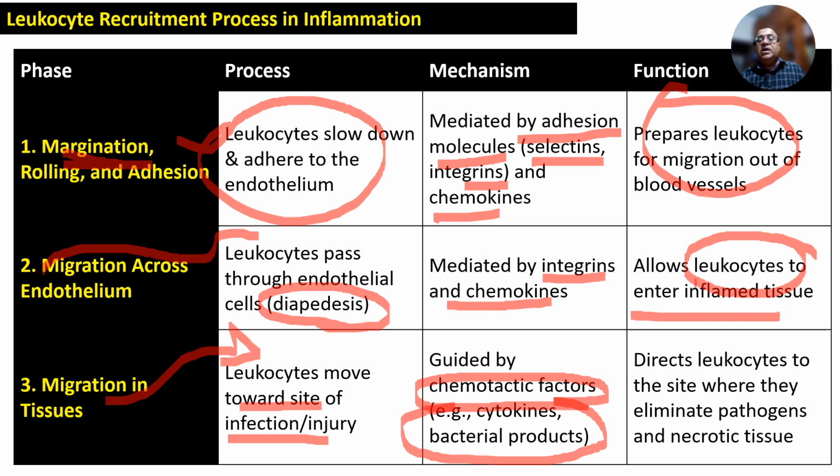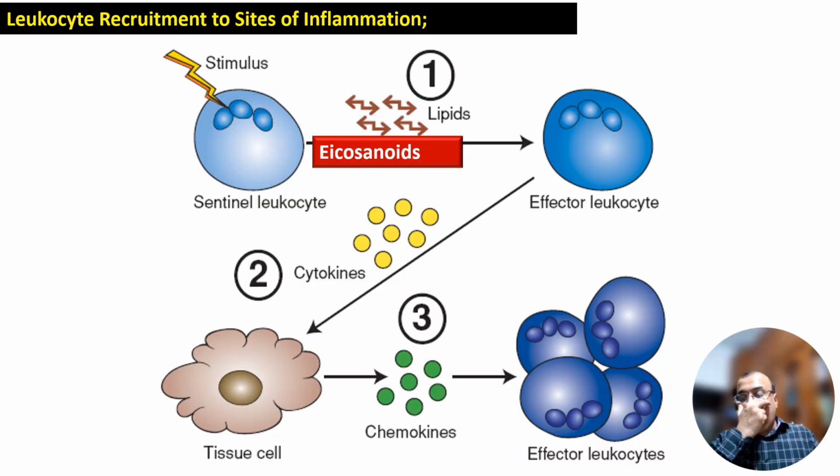Both can work as chemotactic factors, and they direct these leukocytes to the site where they are needed. So the leukocyte accumulation at the site of inflammation is an essential feature of acute inflammation.